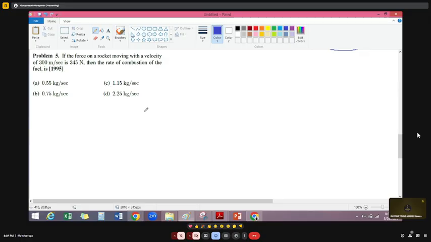Okay. If the force on a rocket moving with a velocity of 300 meters per second is 345 Newton, then what is the rate of combustion of the fuel? I think we already did something very similar to this, right? So let me do the same drawing. Here they said it is having some force, 345 Newton.